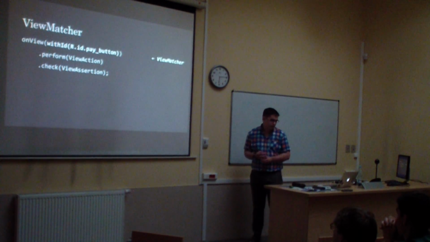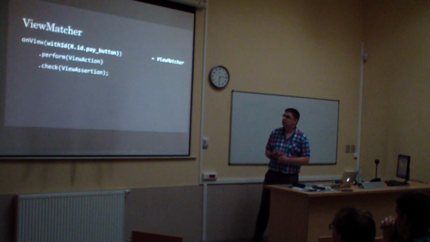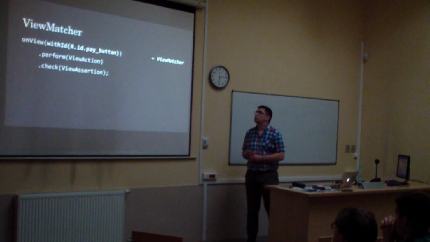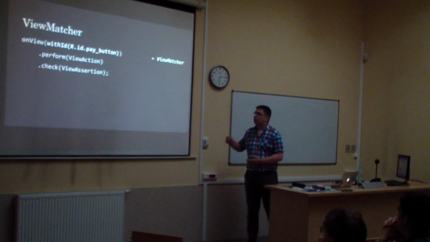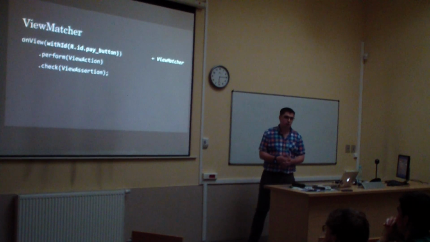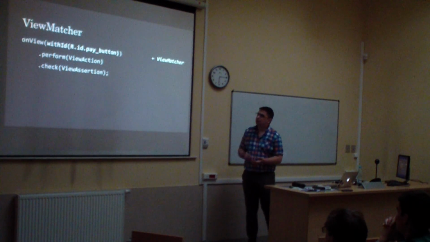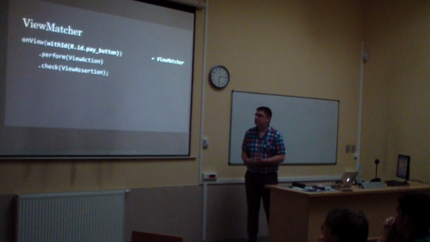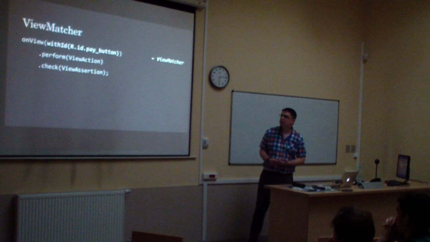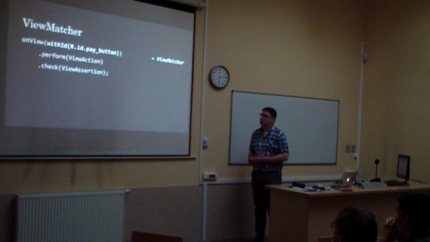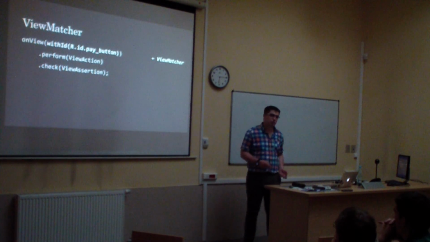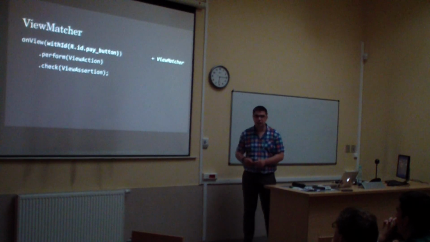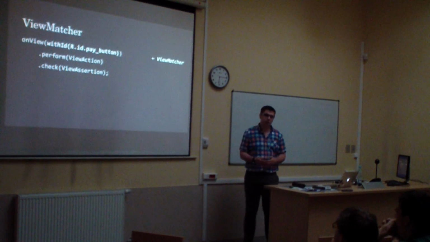This method has different components: view matcher, view action, and view assertion. When we talk about view matcher, it means that we can find any view on the screen of our device, using text, ID, description, or something like this. In this case, we use ID. This ID you can get from source code or use UI Automator Viewer for getting information about it.